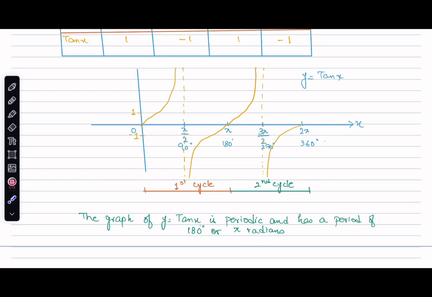Unlike sine and cosine, which have a period of 360 degrees or 2 pi radian, the tangent graph has a period of 180 degrees or pi radian. So this is one thing that we should be noting down, that the period of tangent is 180 degrees, and the second cycle is from 180 till 360 degrees.